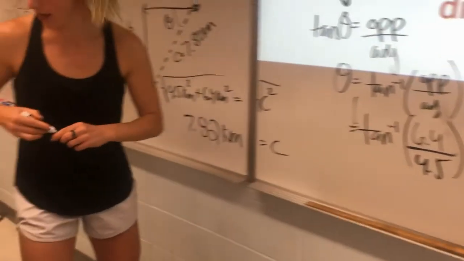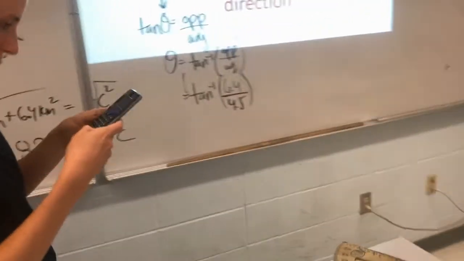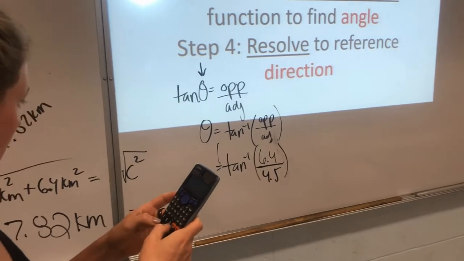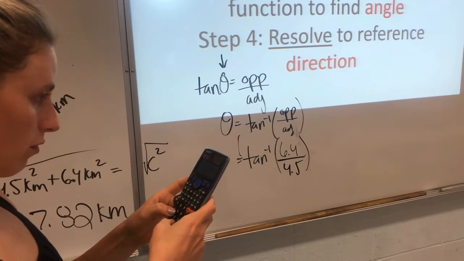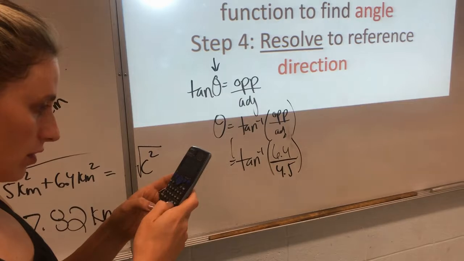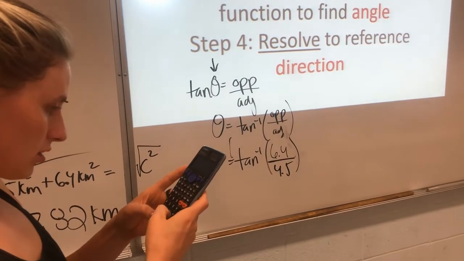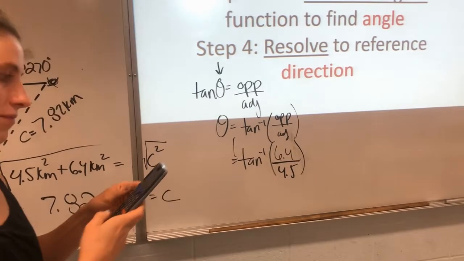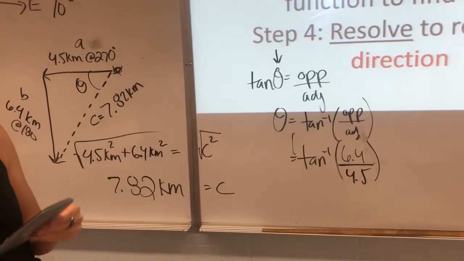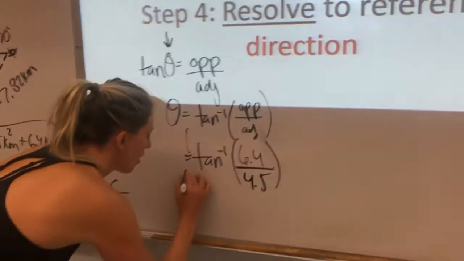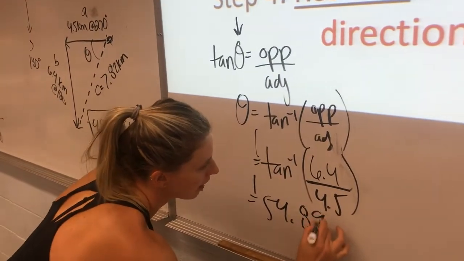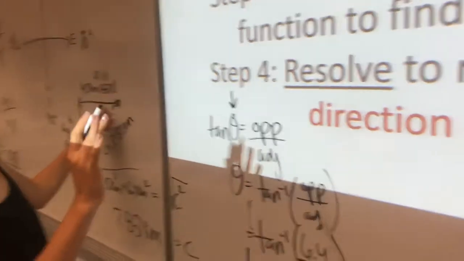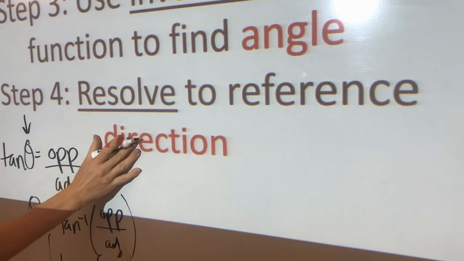Okay, let's plug this into my calculator. So tangent inverse of 6.4 divided by 4.5, and I get 54.89 degrees. Okay, we have our angle right here, but we have to think about our reference direction.